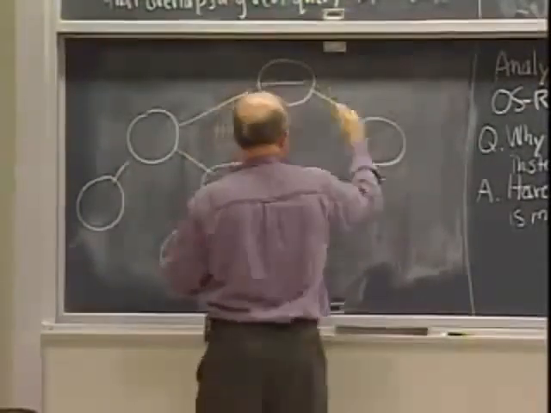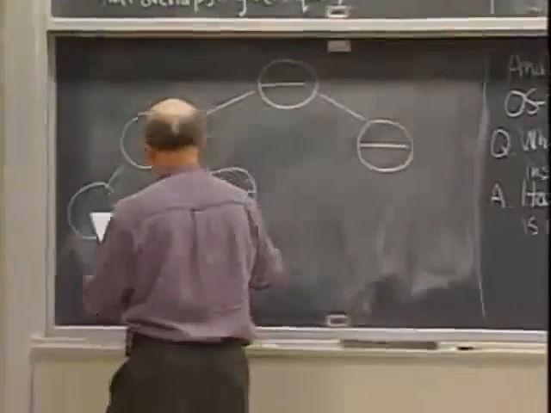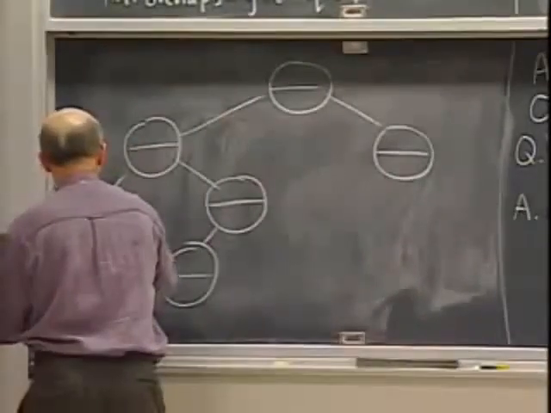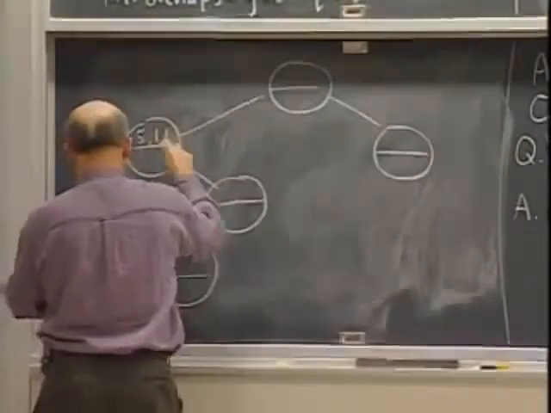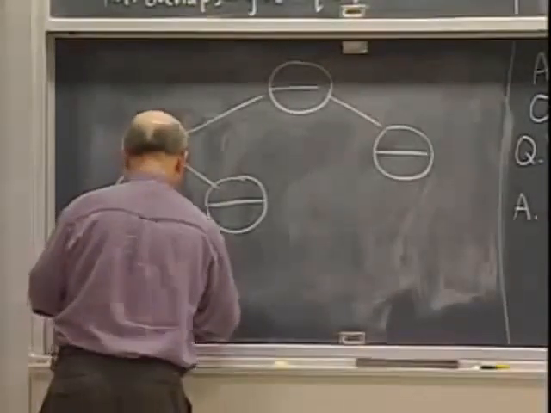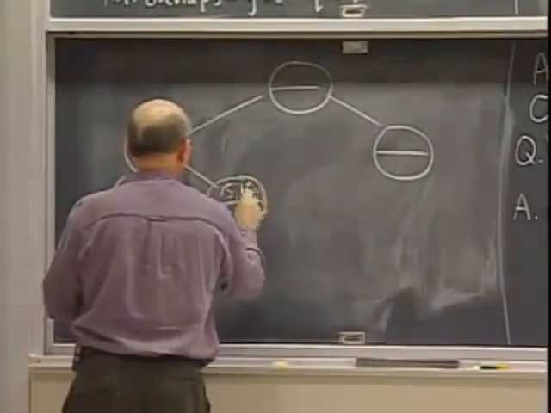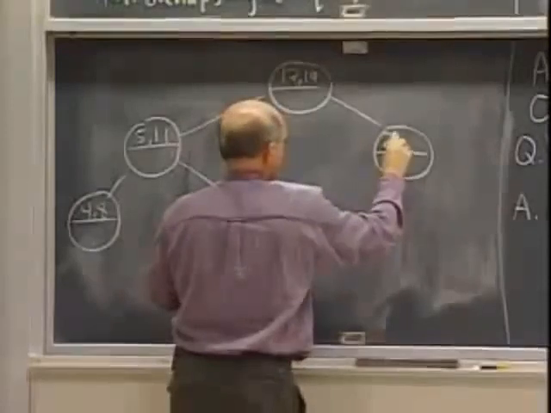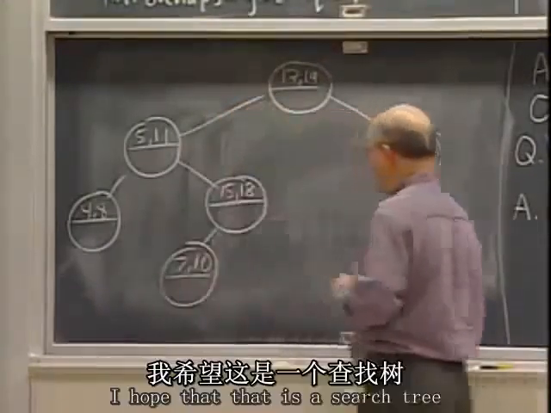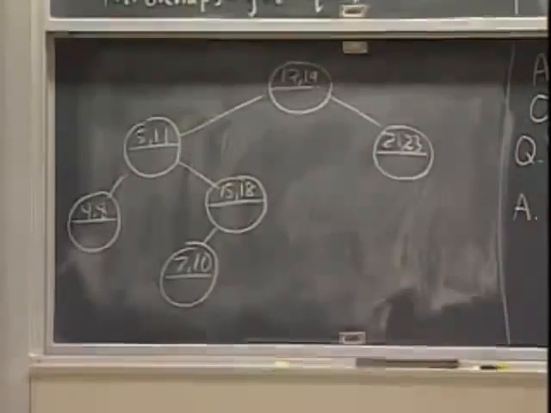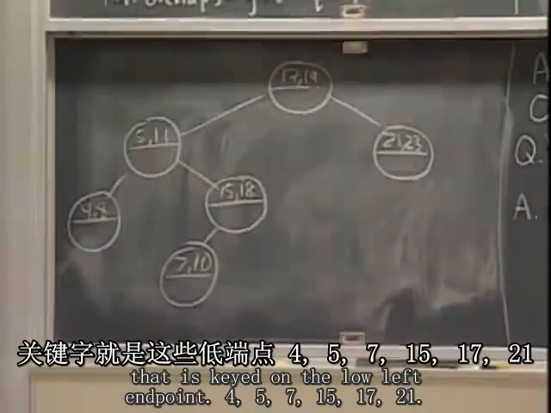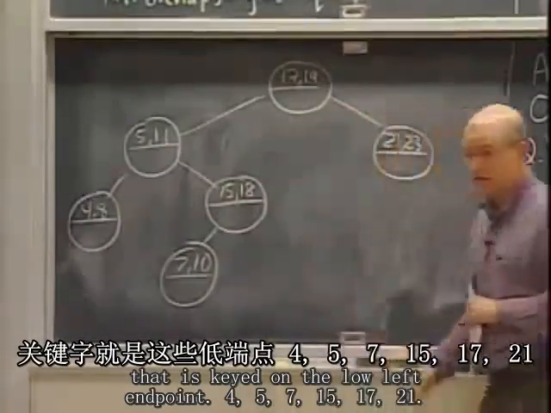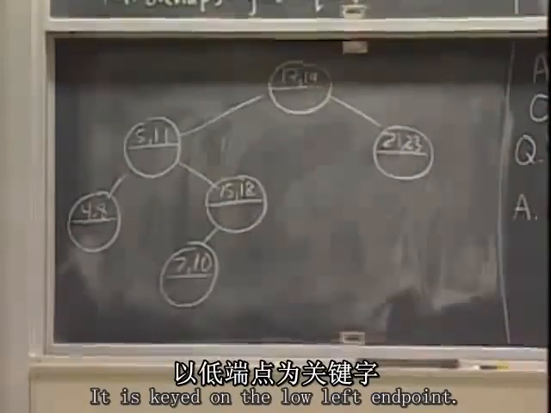Once again, I'm not drawing the nils. I hope that is a search tree keyed on the low left endpoint, right? So 4, 5, 7, 15, 17, 21. It's keyed on the low left endpoint.